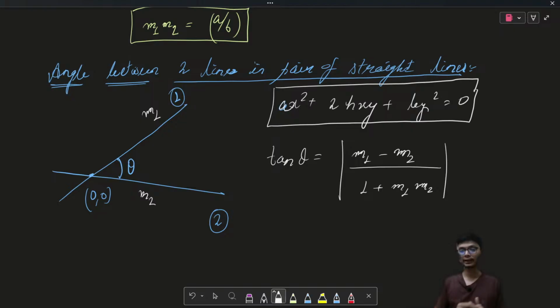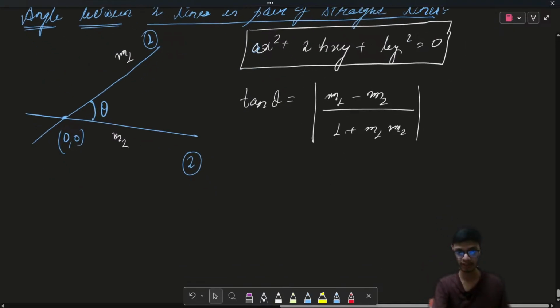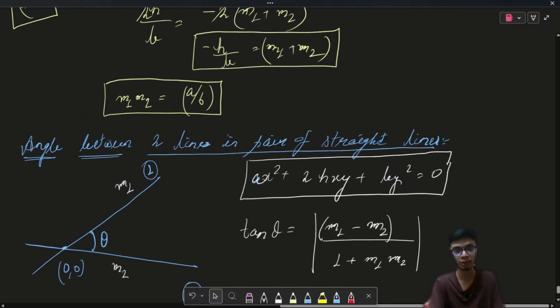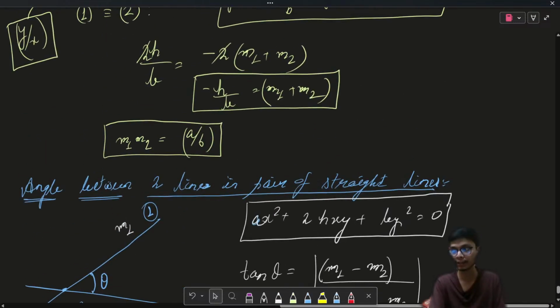So if we know this particular result, from here also we can extrapolate and find out the following result, right? What I'm going to do over here is basically a bit of an algebraic jugglery. I'm going to write m1 minus m2. If you recall from the previous expression, we know the result for m1 plus m2, and we don't know the result for m1 into m2.